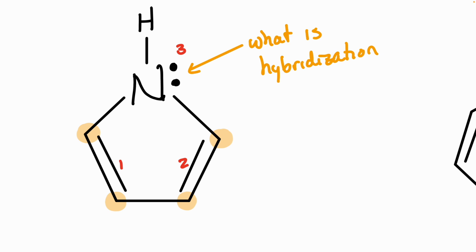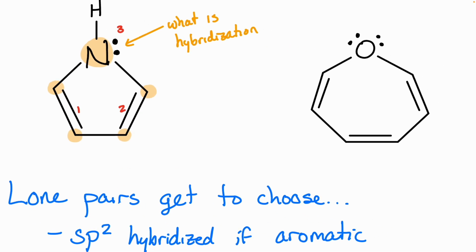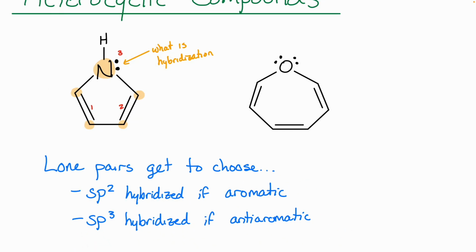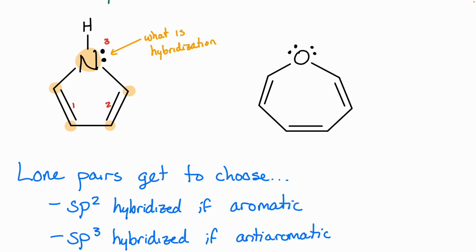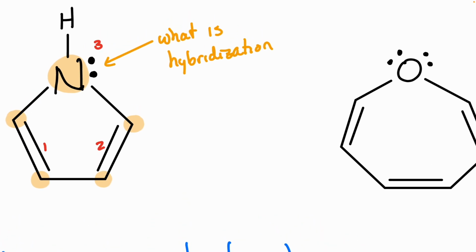Aromatic, so great. Nitrogen's like, I'll take that sp2 hybridization then, and I'll put that pair of electrons in a p orbital so that it can delocalize about that ring. So in this case, what is its hybridization? It's going to decide to be sp2, because that would make that ring aromatic.